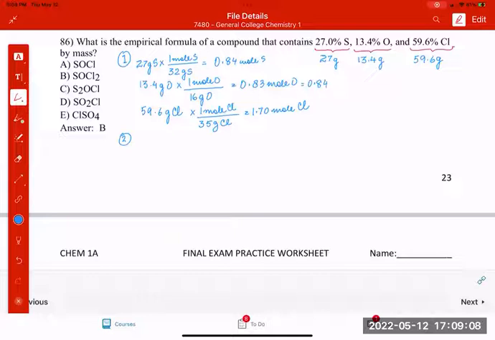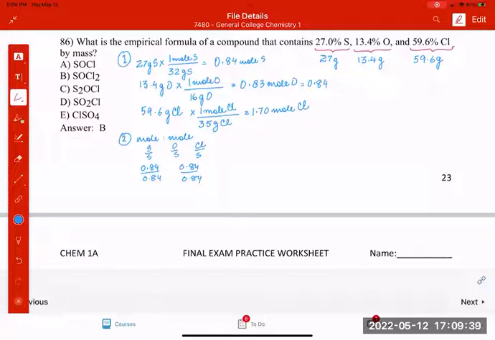Now next is mole-to-mole ratios. Sulfur over sulfur, oxygen over sulfur, and chlorine over sulfur. So 0.84 over 0.84, then 0.84 over 0.84, then comes 1.70 over 0.84.